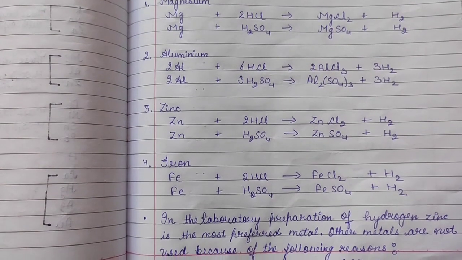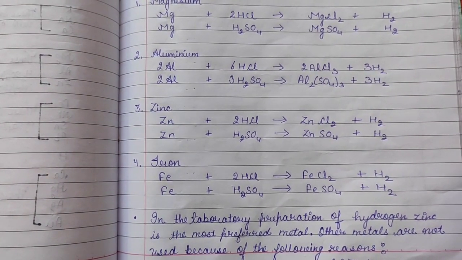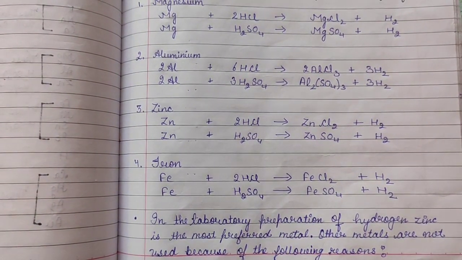Now move on to the next point: in the laboratory preparation of hydrogen, zinc is the most preferred metal. Other metals are not used because of the following reasons.